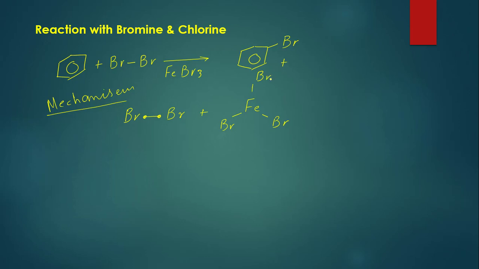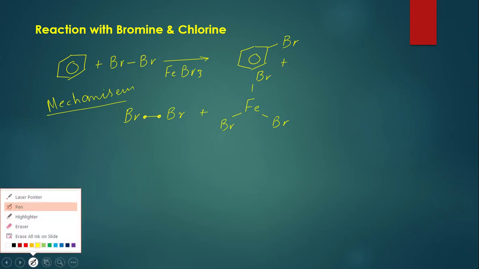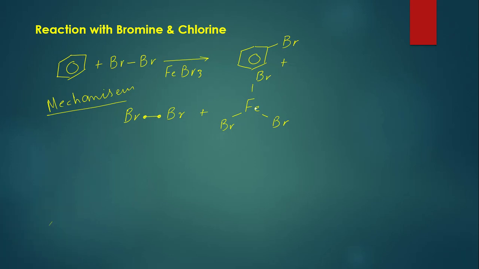AlCl3, FeBr3, FeCl3, they are known as halogen carriers. Actually, what happens is, when both come close to each other, this lone pair of electrons is attracted towards this iron, because in this iron, the 3d orbital has space.